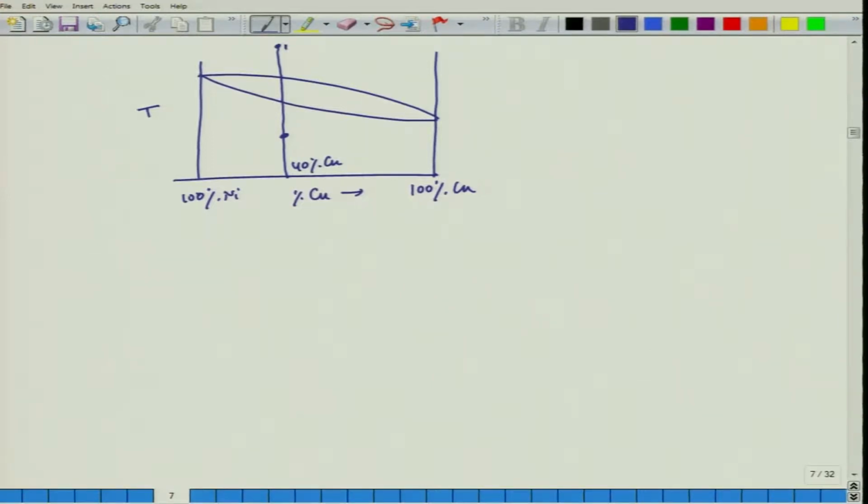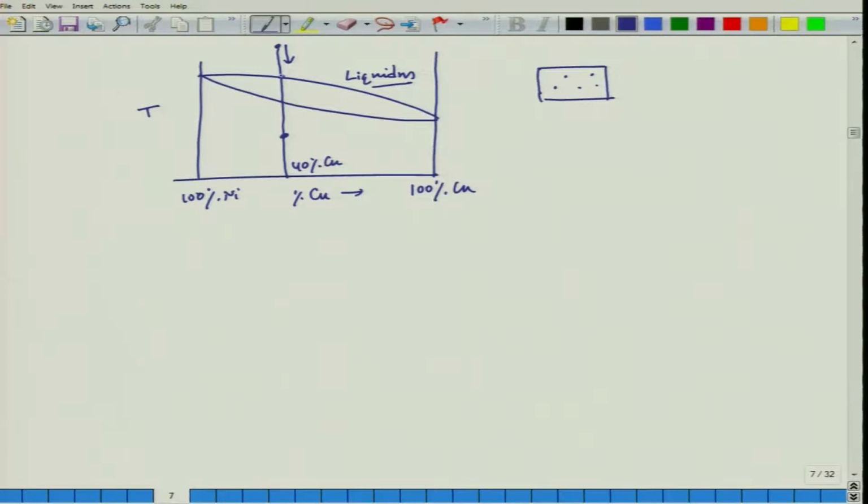But when it cools along this line, the first time it touches this point, which is basically the liquidus line, the first solid appears here. Now, if we have a melt like this, where some solid crystals are forming, then there will be compositional changes.